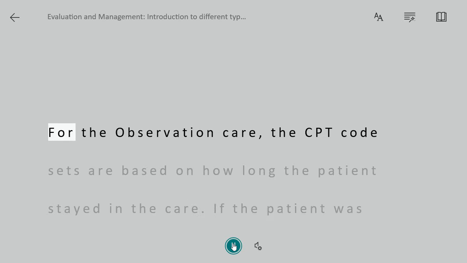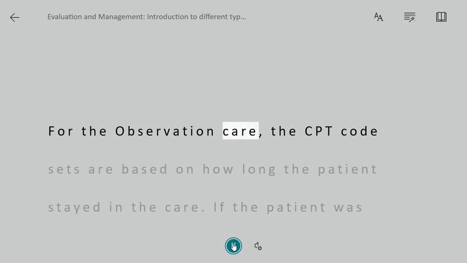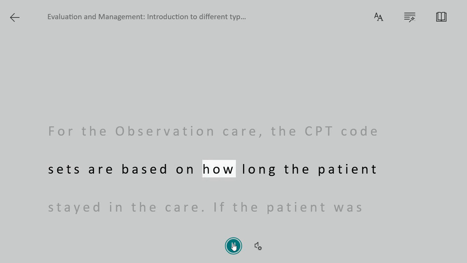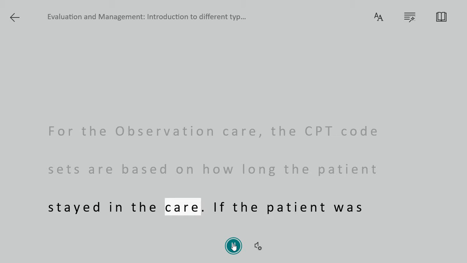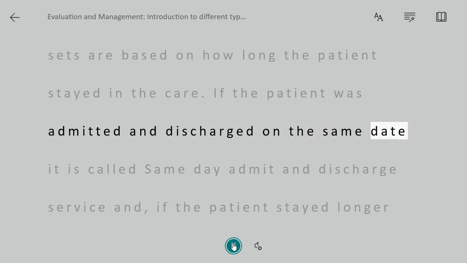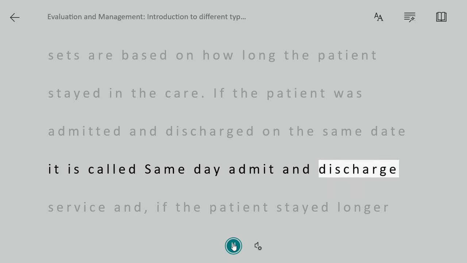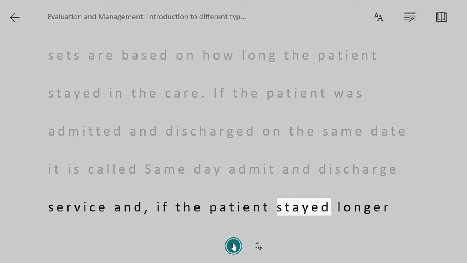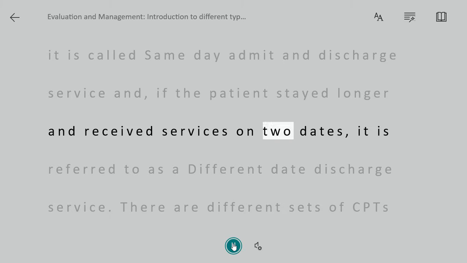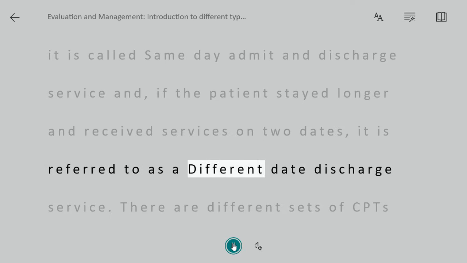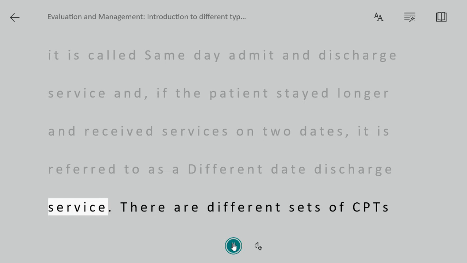For the observation care, the CPT code sets are based on how long the patient stayed in the care. If the patient was admitted and discharged on the same date, it is called same-day admit and discharge service, and if the patient stayed longer and received services on 2 dates, it is referred to as a different date discharge service.